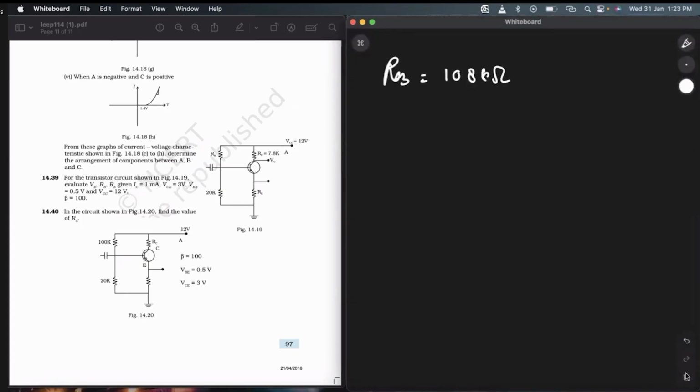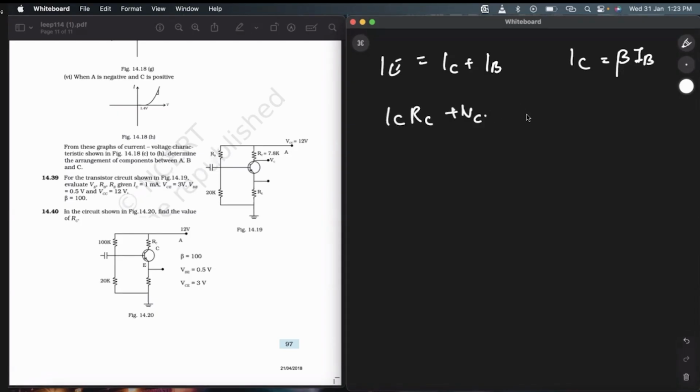Done. Now the last question: in the circuit shown in the figure, find the value of RC. This is a similar type of question to what we have solved. Again it is the same thing: IE is equal to IC plus IB, and another way of writing IC is beta IB. Now ICRC plus VCE plus IERE is equal to VCC. RIB plus VBE plus IERE is equal to VCC.